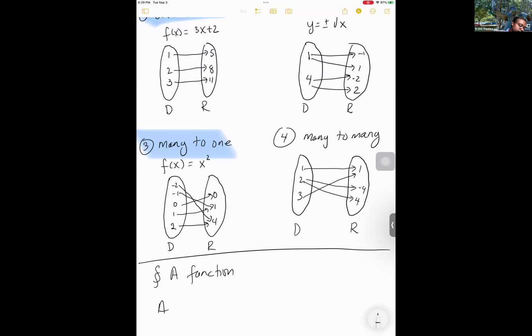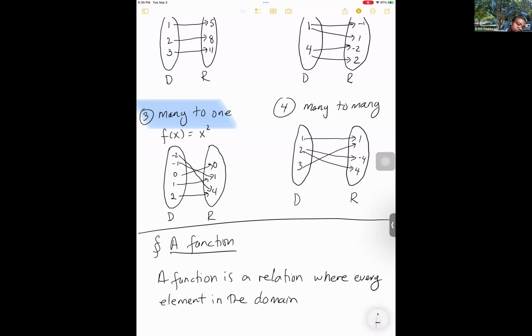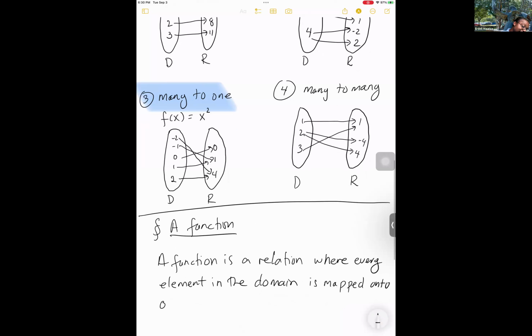A function is a relation where every element in the domain is mapped onto one and only one element in the range.